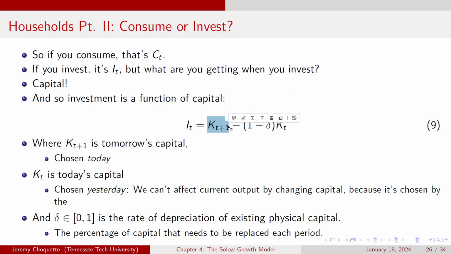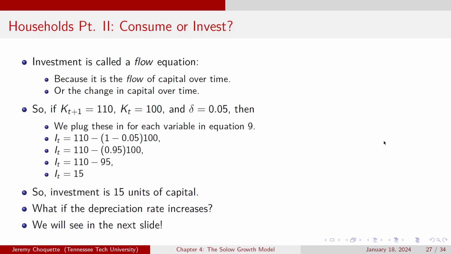I should really say old capital, but not 100% of the old capital moves into the next period, because this rate of depreciation cuts, say, 2%, 5%, 10% of the existing capital stock that then needs to be replaced. So if delta is equal to 0.05, 1 minus 0.05 is 0.95, so 95% of existing physical capital carries over into the next period.